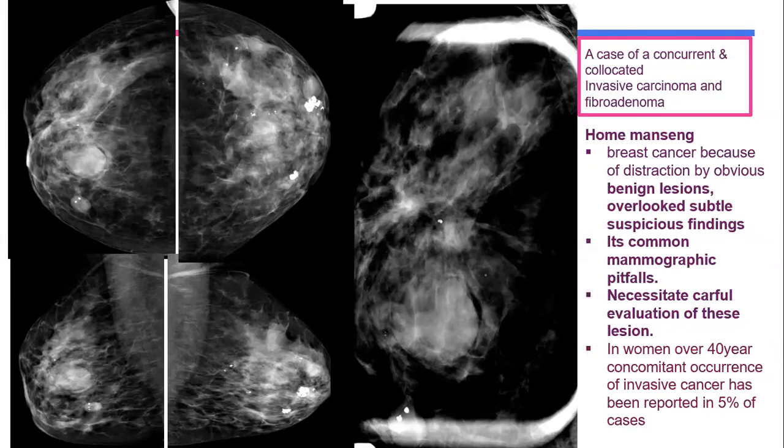So this necessitates careful evaluation of these lesions. If you have bilateral multiple lesions, you have to trace and evaluate them all. And in women over 40 years old, concomitant occurrence of invasive cancer with fibroadenoma has been reported in up to 5% of cases. We have to consider it, okay?